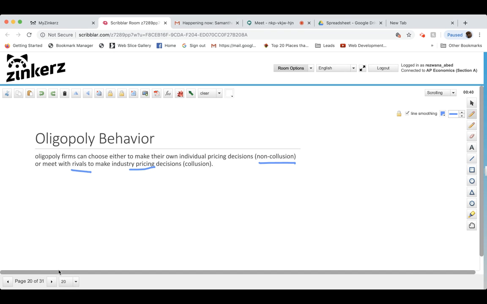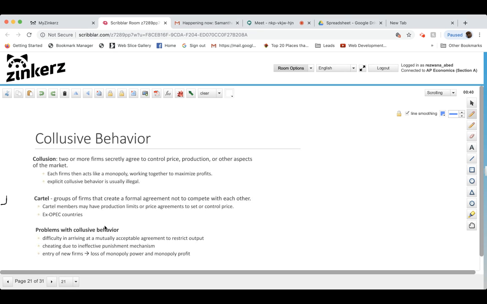Yes, it's definitely illegal, so they don't do it in the open, they try to do it secretly, right? But there are lots of benefits for them to try to collude, because then they can act like a monopoly.